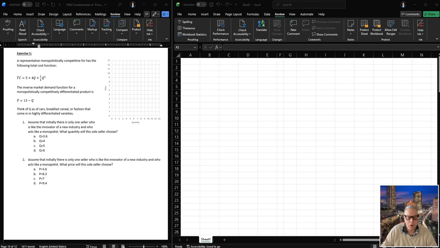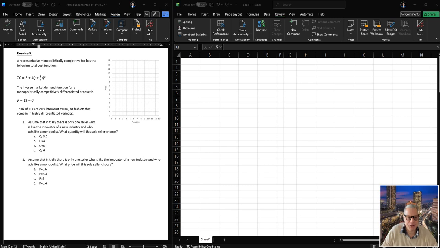And as you know, what happens in a monopolistically competitive market is that the demand for, let's say, jeans or cars or breakfast cereal is being sliced up by market entry. So now let's illustrate how that works.